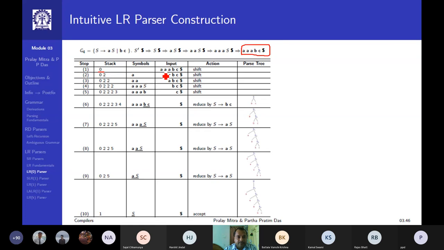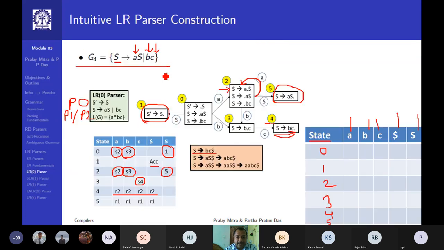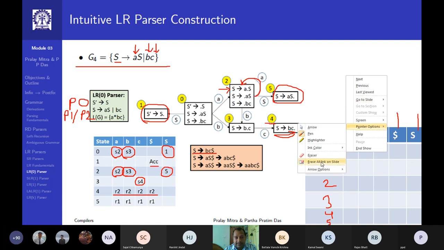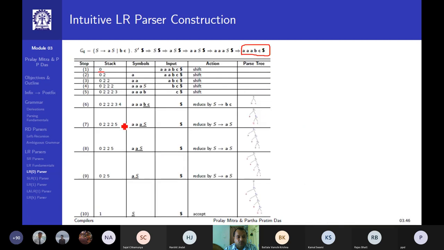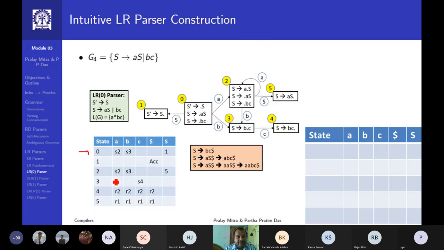When I see A, staying at state 0, so let me erase. Staying at state 0, when I see A, then shift to second. So 2 is here. I am shifting A. Again I see A as the input standing at state 2.